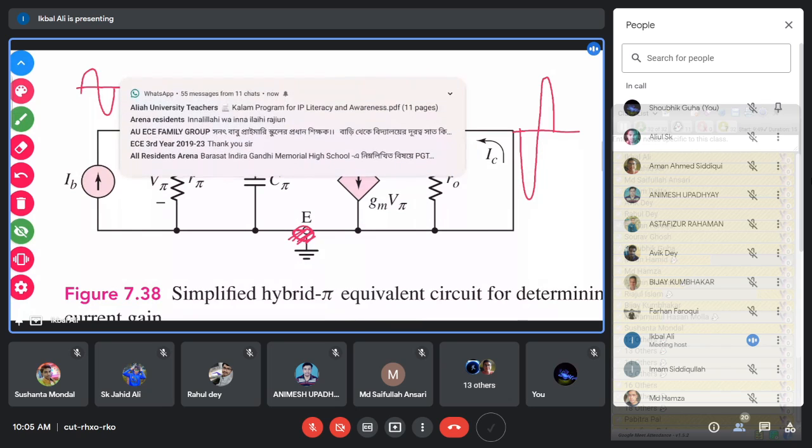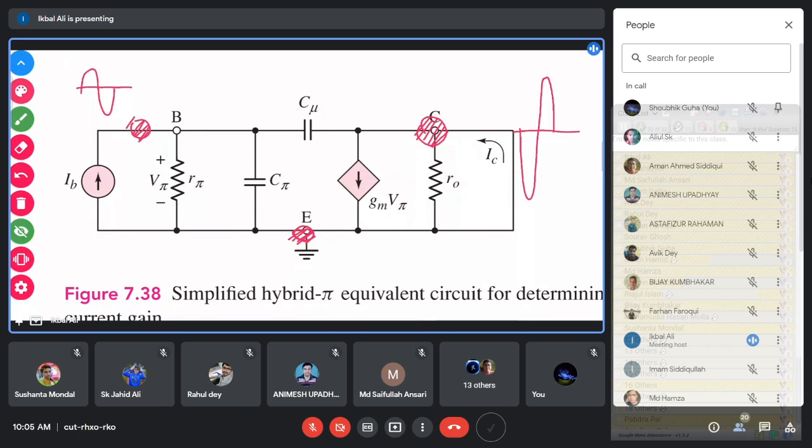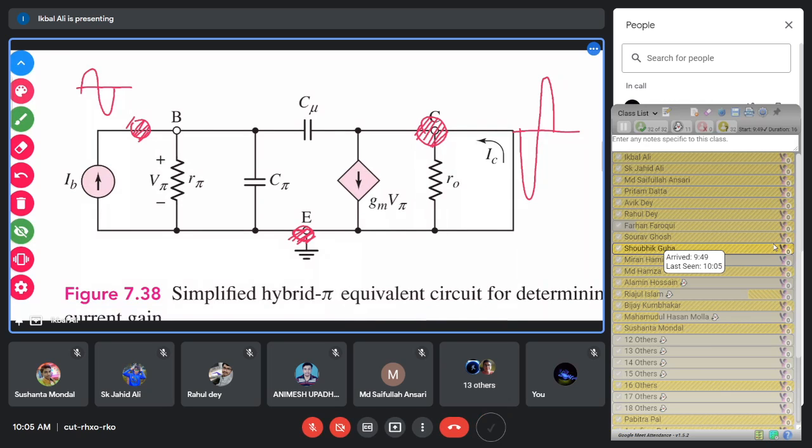So at the input of this circuit you have an AC, at the output of this circuit also you have an AC. This is the input base terminal, this is the input signal, and that is the output signal. The collector gives the output signal, and this is the emitter, which is common to the base.